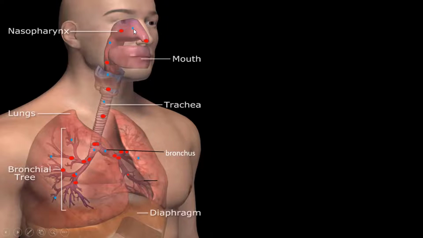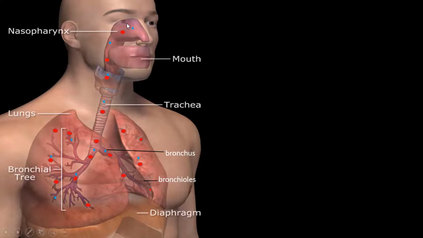Air enters through the nose. The red particles represent oxygen, while the blue particles represent carbon dioxide. This is exactly what happens. We breathe in and air flows into the lungs as shown.